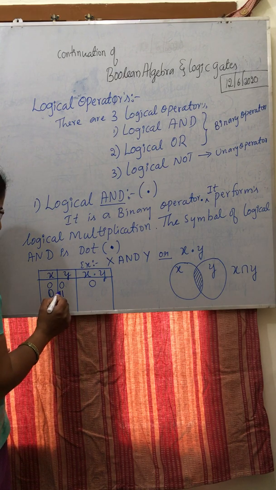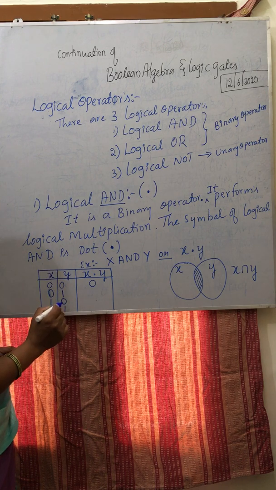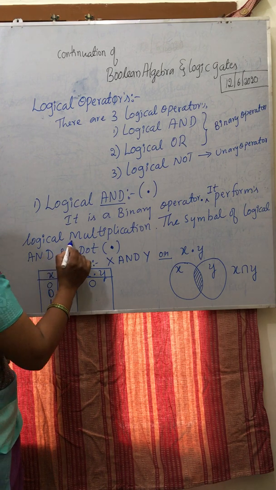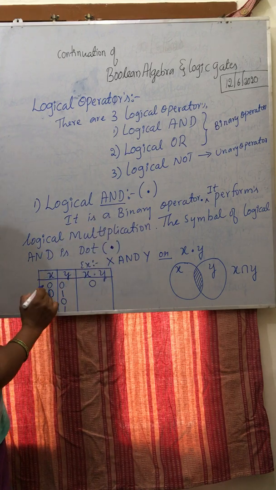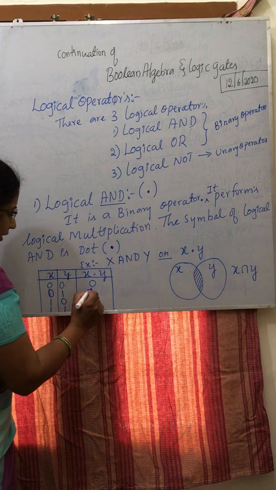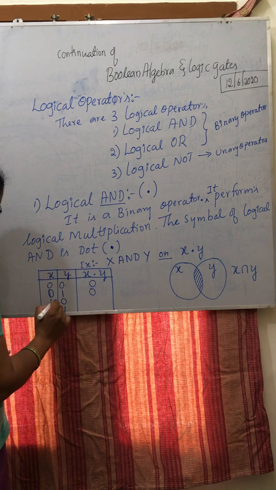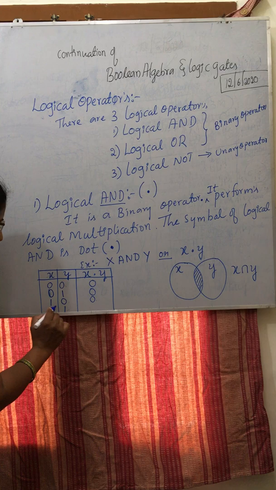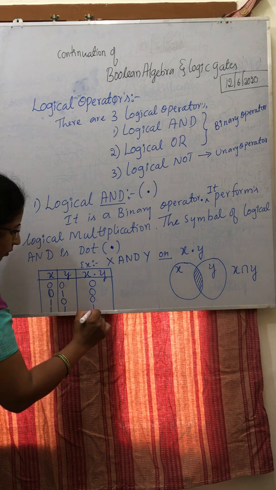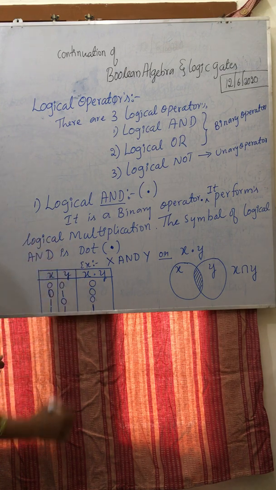When one input is true and one is false, it performs logical multiplication, so 0 into 1 is 0, and 1 into 0 is also 0. Only when both values are present is the result true in the logical AND operation.